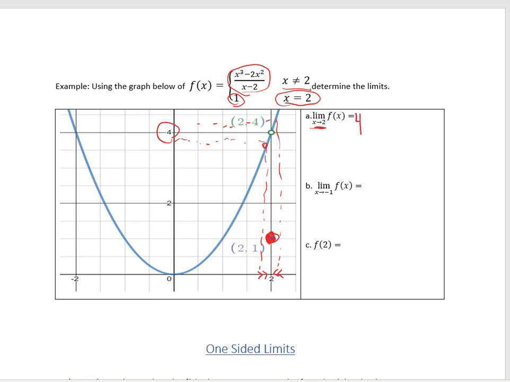Now again, if I take the limit at -1, it's going to get closer to 1. But here's the thing. What happens if I actually plug x equals 2 into my function? Well, what I'm going to get out is a y value of 1.